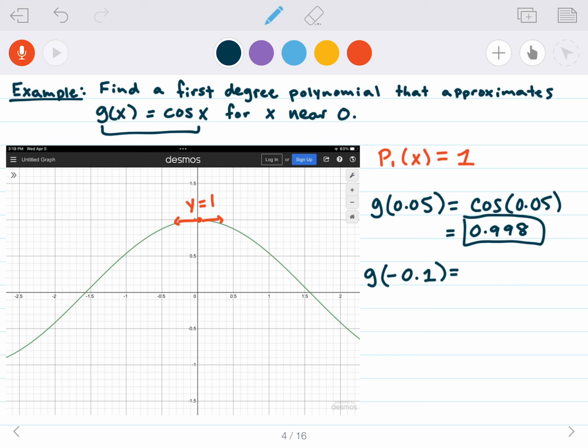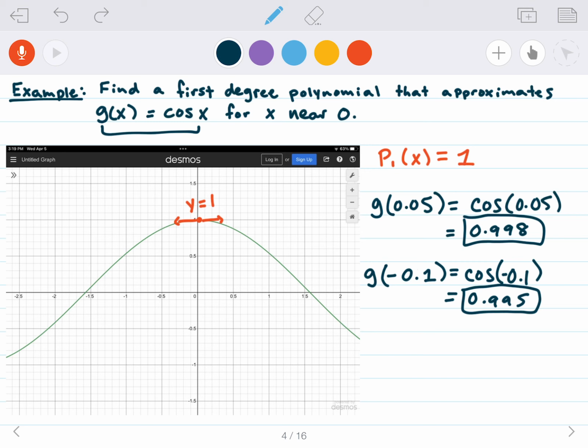So here I get cosine of negative 0.1, and that is going to give me about 0.995, which again is kind of close to 1, but it's not as close as this guy, is it? And what's happening is the further away we go from 0, the worse the approximation is.